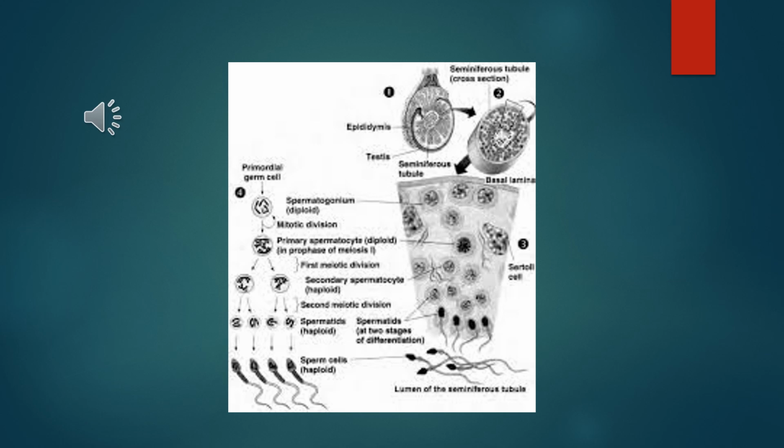This primary spermatocyte is producing secondary spermatocytes, and from the secondary, spermatids are produced, and from the spermatid the sperms are produced. So these stages we can see in the section of the seminiferous tubules.